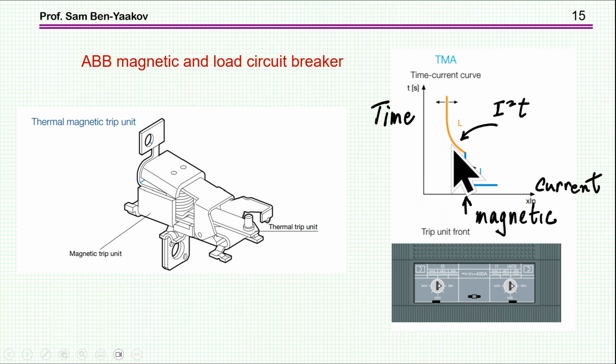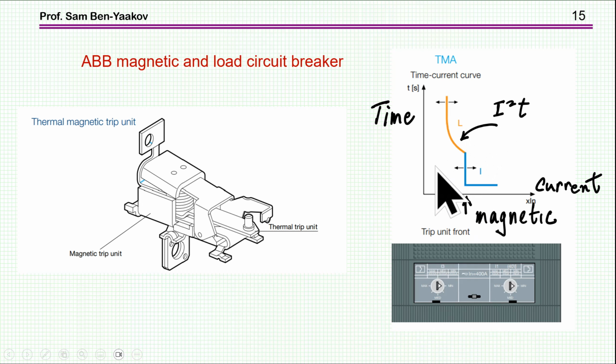And then at the lower current, we have the operation of I2t such that for a given current, the time is sort of accumulated, or the power is accumulated, and then it'll trip. And this particular unit that I'm showing here has two adjustments, both for the tripping of the magnetic part and also the shape of this I2t portion.